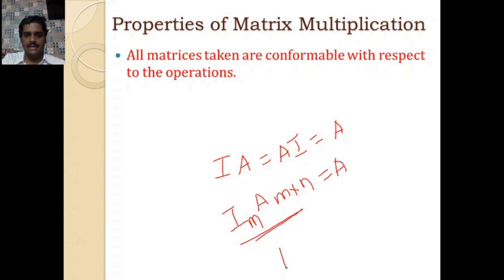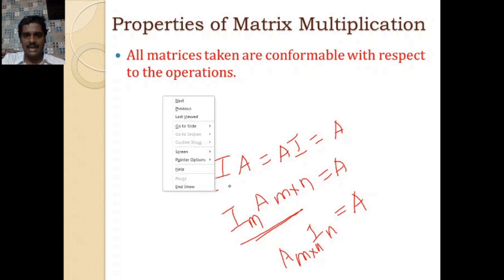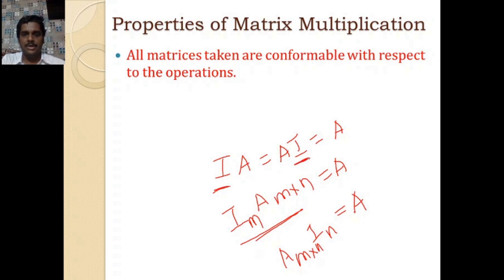And if I am multiplying A into I, where A is of order m by n, this I must be of order n, the identity matrix of order n, to give you A. So this I and this I may or may not be the same.